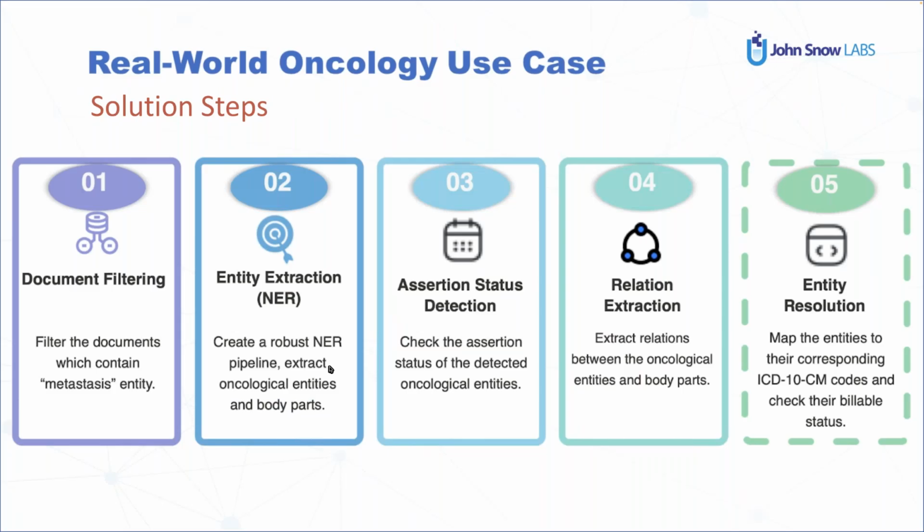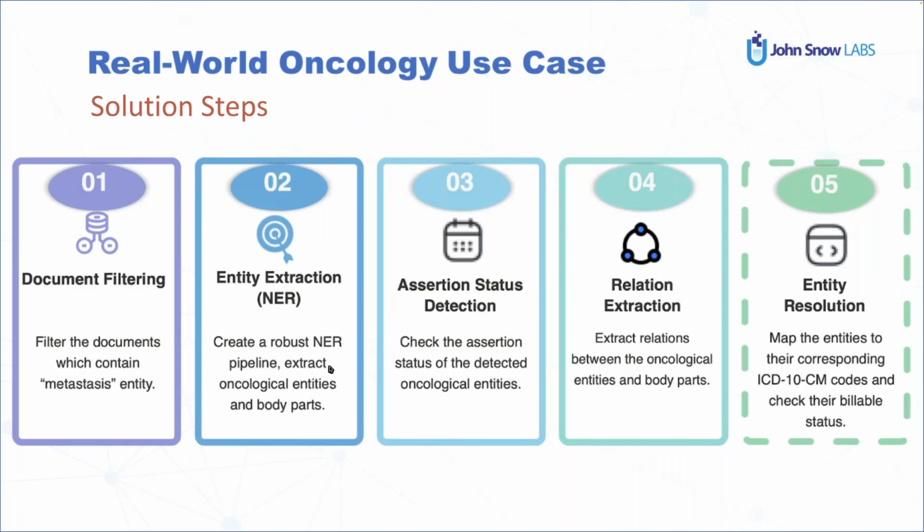And after the entity extraction, we of course need to check the assertion status of those extracted oncological entities, because sometimes in the clinical notes, doctors mention the family history, or the oncological entity may be related to someone else, or it was already mentioned that it does not appear in the patient. So we need to drop those kinds of entities.